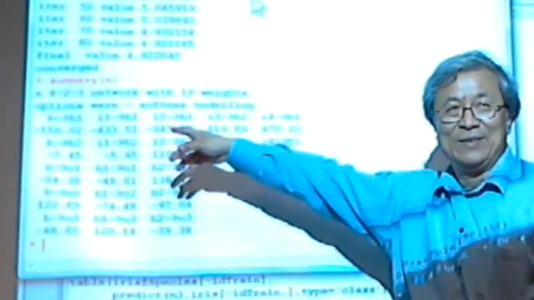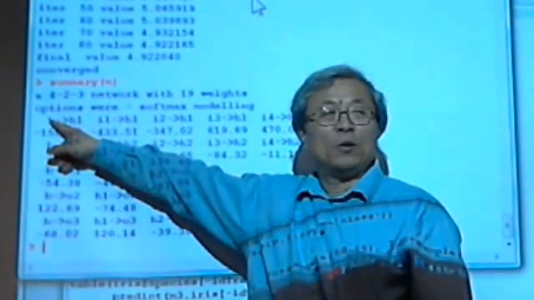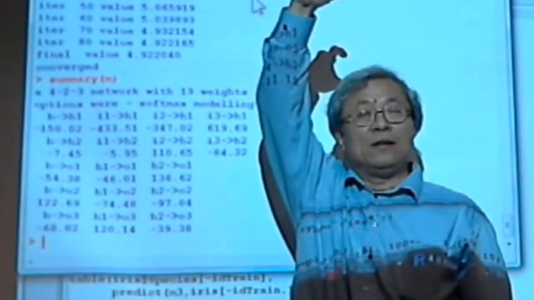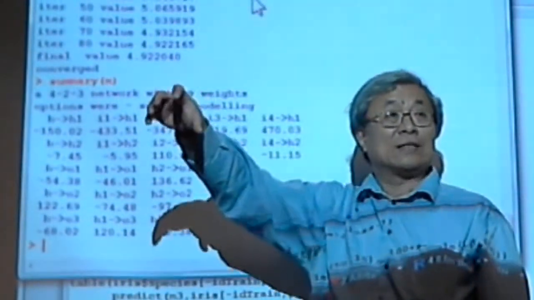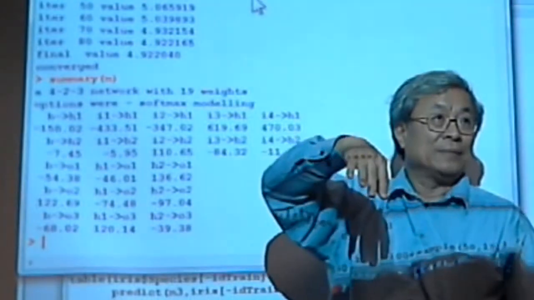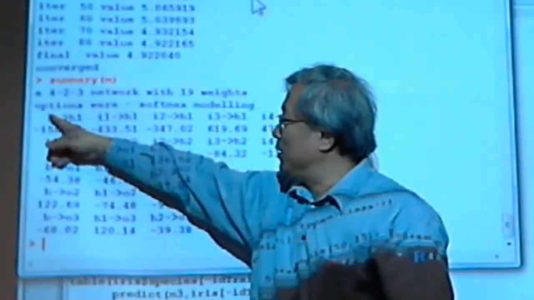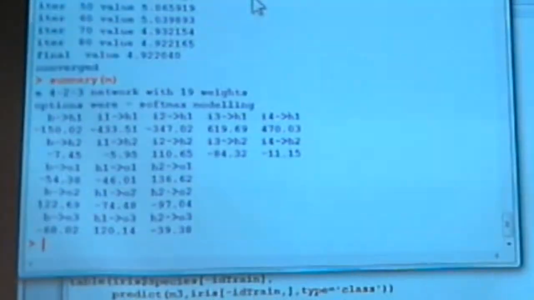But how do you read this? B stands for bias. Remember, every node feeds forward to the next layer with a certain weight. Maybe I should draw the picture.